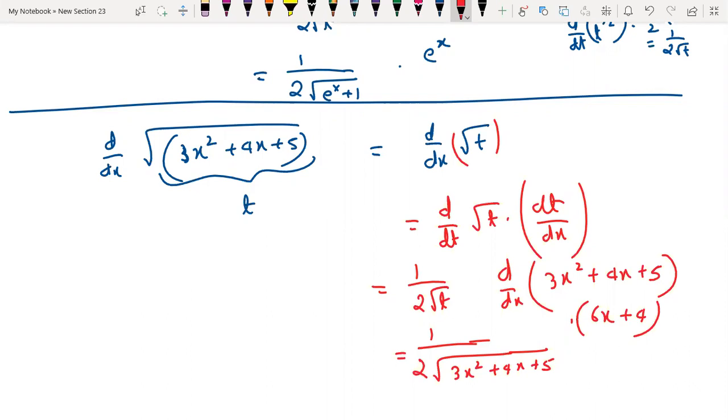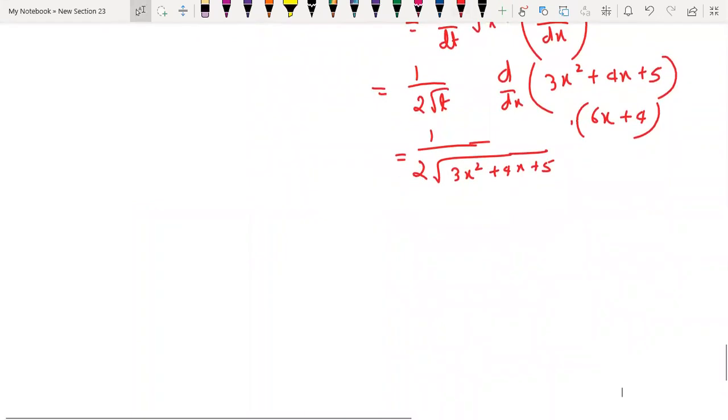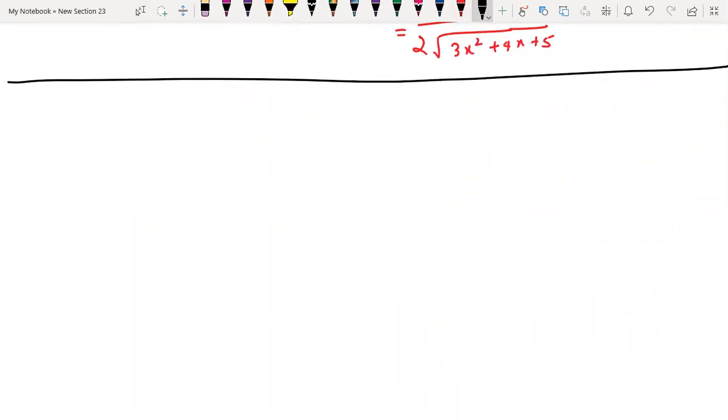Okay, number 5th. Anaira, very nice, don't get tensed or anxious, it's very easy. d by dx of ax plus b whole raised to power n, that's it, right Anaira?